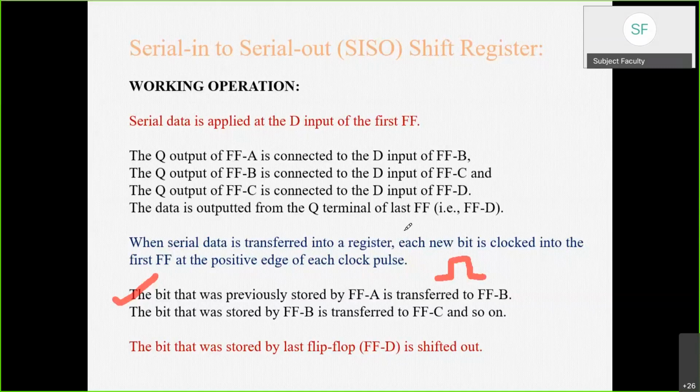Initially it was at the input, then after the first clock pulse it becomes the output of the first flip-flop, then in the second clock pulse the output of the second flip-flop, then at the third clock pulse the third flip-flop, and finally you get it at the output after the arrival of the fourth clock pulse.